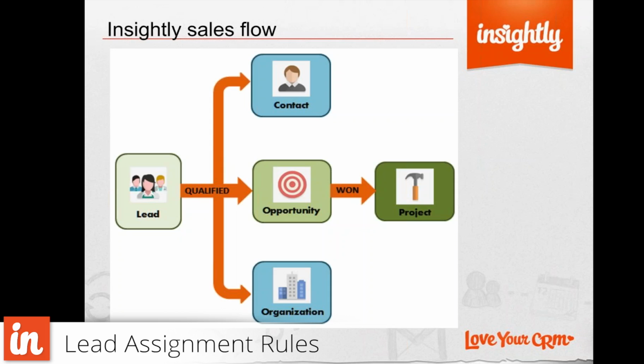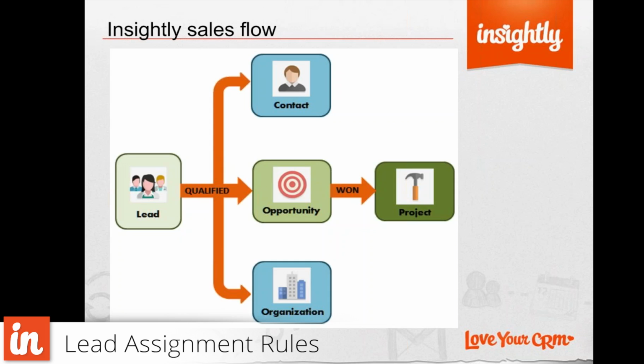And as you can see, when you convert a lead into an opportunity, Insightly will do three things for you automatically. We will turn that qualified lead into a contact. We will also turn them into an organization if they have a company associated with them. And ultimately, they're becoming a true sales opportunity. So you can track the pipeline and make sure that you're doing everything that you can to win that deal.